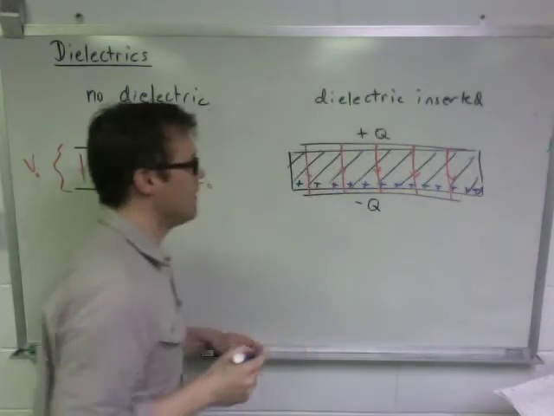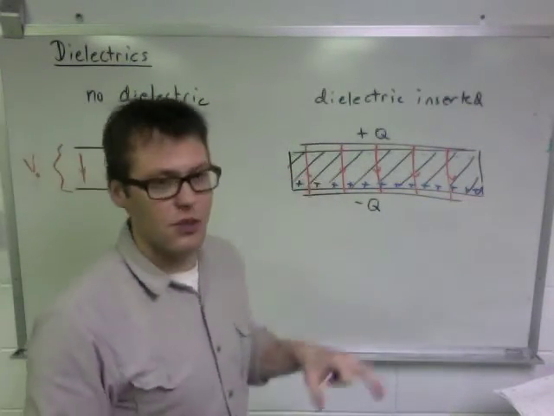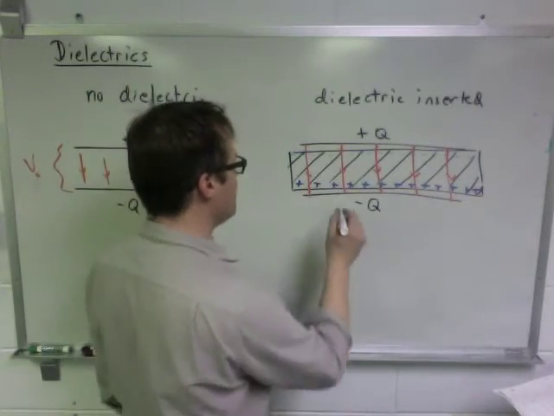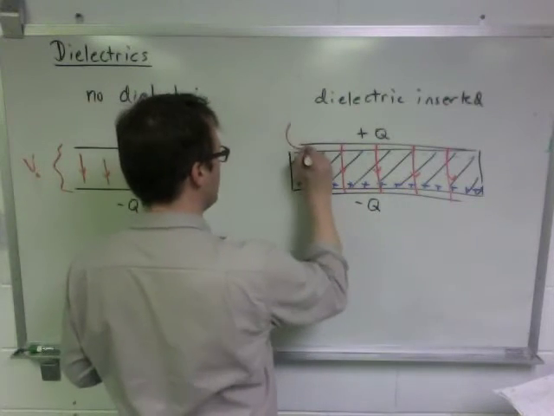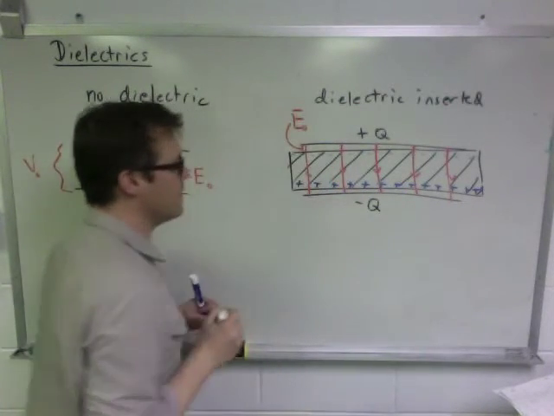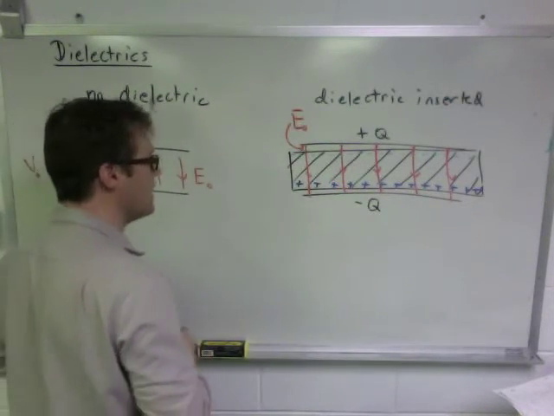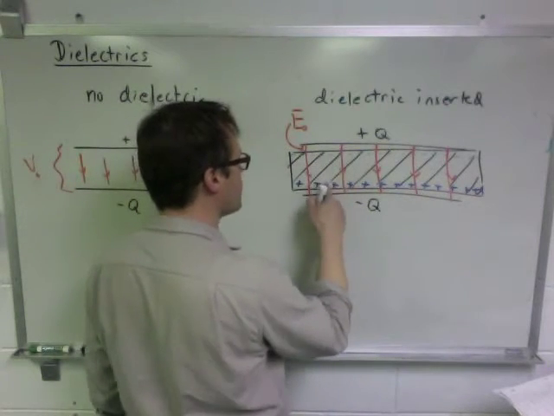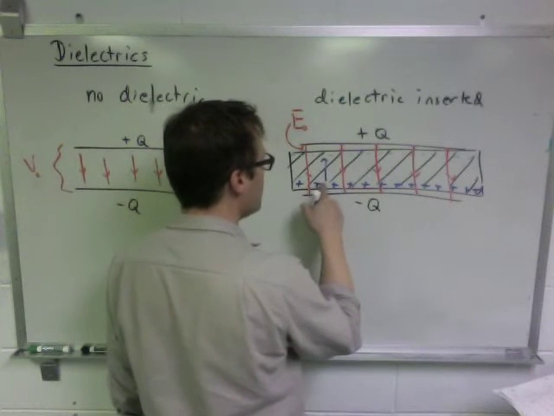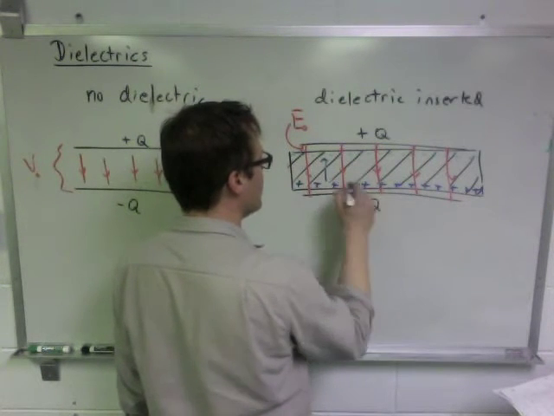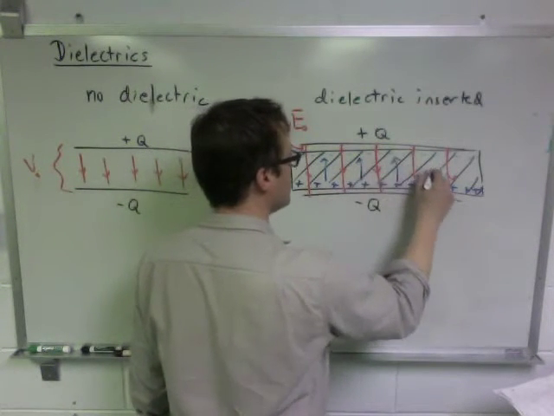That's going to create a secondary electric field. Here's my original electric field, in red, my E0. In addition to that, I'm going to get a secondary electric field inside the piece of plastic that goes from the positive induced charge layer to the negative induced charge layer, in the opposite direction.